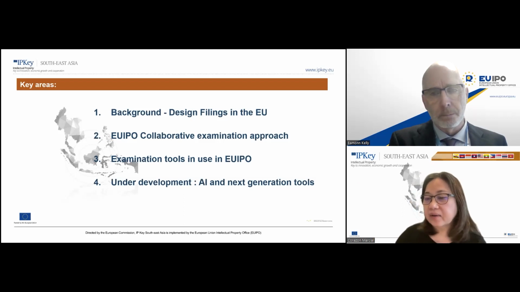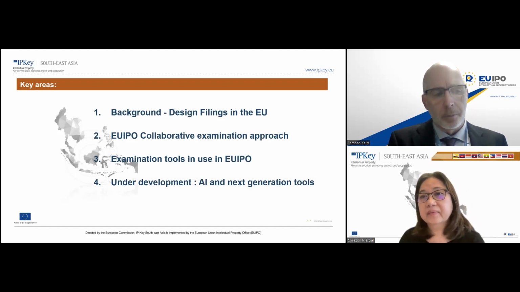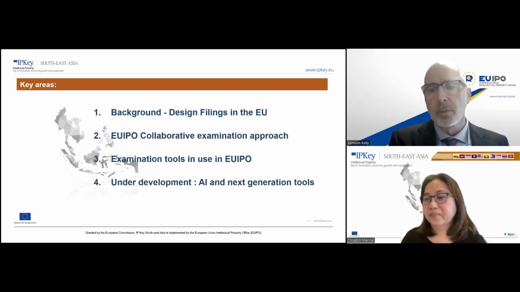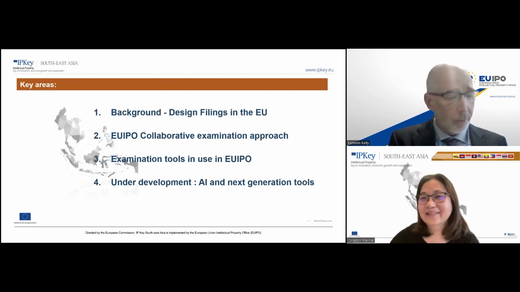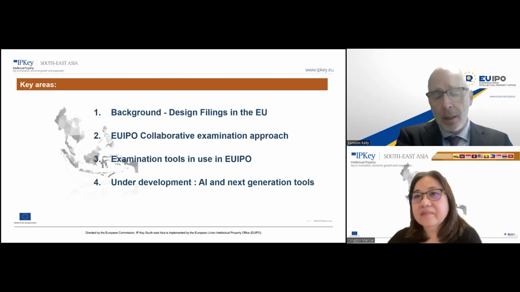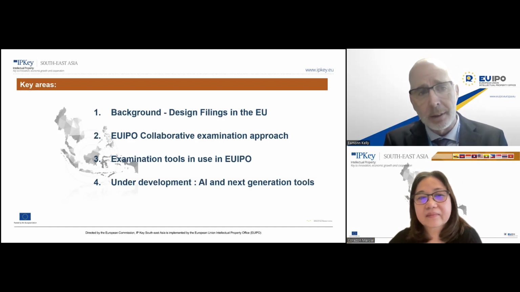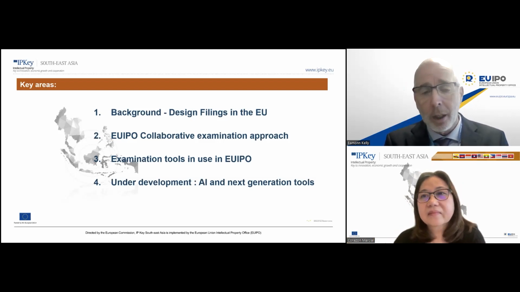What's the average turnaround time for the registration of designs in the EUIPO? The average turnaround time is around 3 days at the moment. It's very fast. Because we have the advantage, unlike most of the countries in the world, that we do not check for novelty.